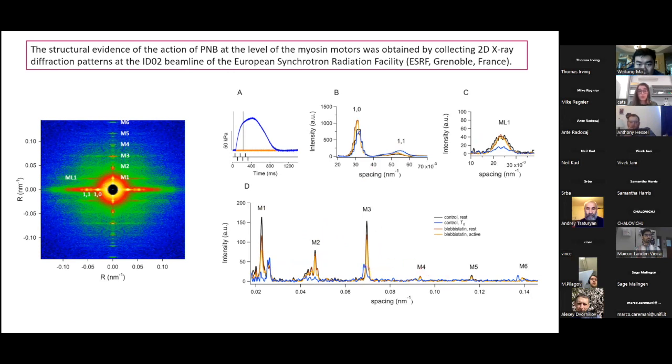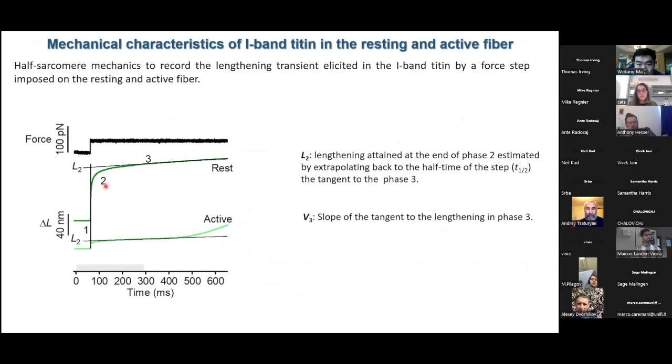So with this proof in mind, we determined the mechanical properties of titin at different sarcomere lengths, both at rest and during tetanic stimulation, by imposing 100 microsecond steps with amplitude ranging from 12 to 40% of the isometric tetanic force in control.